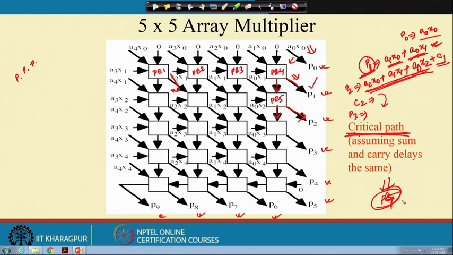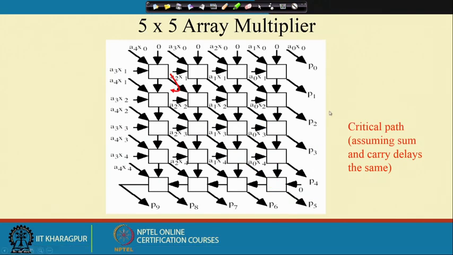If I consider P4, this is the path it is following, and for P5 this is the path it is following. Both P4 and P5 are basically consuming 4 processing elements in this direction.